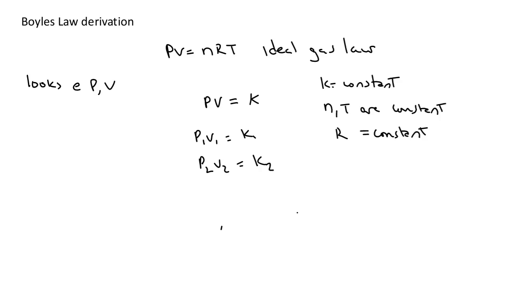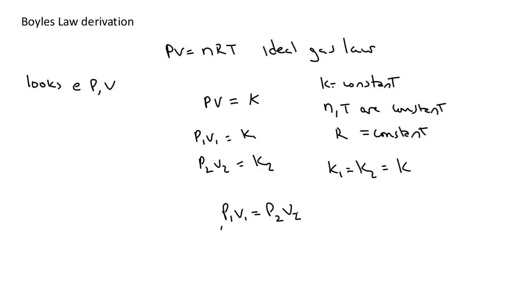Because the K's are constant, K1 is the same as K2, which is a constant. And because of that, I'm going to say that P1, V1 equals P2, V2. If P1, V1 is a constant and P2, V2 is a constant, then P1, V1 equals P2, V2.